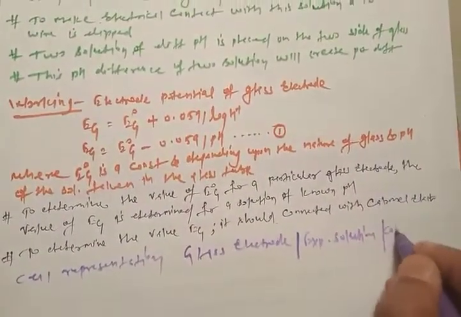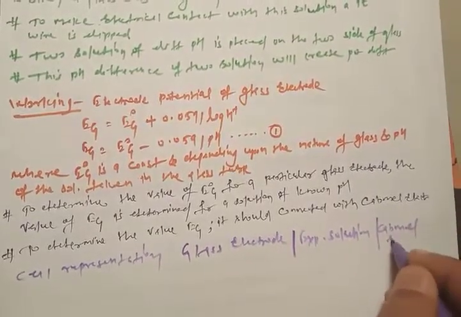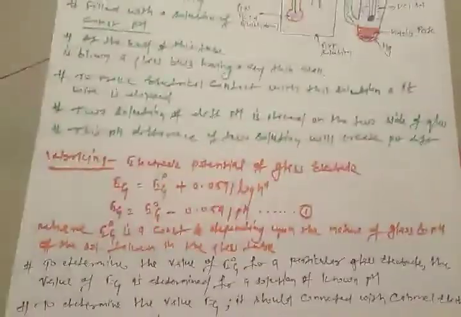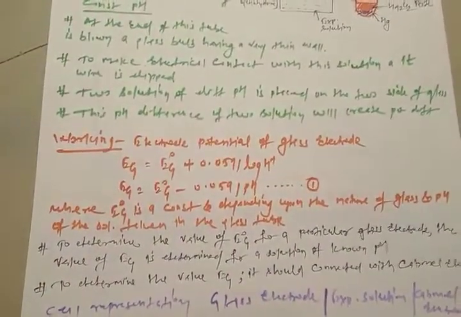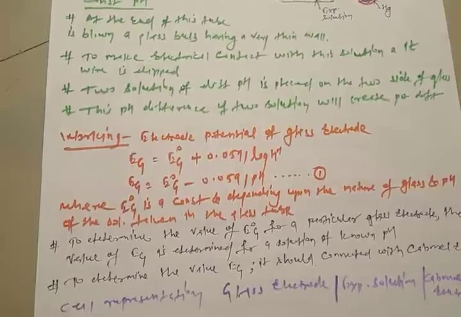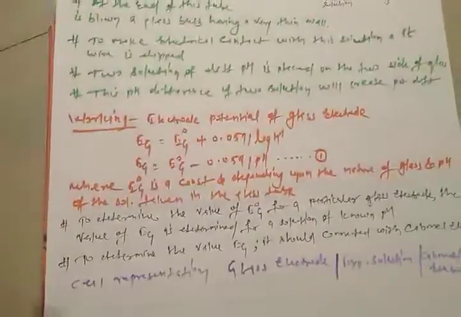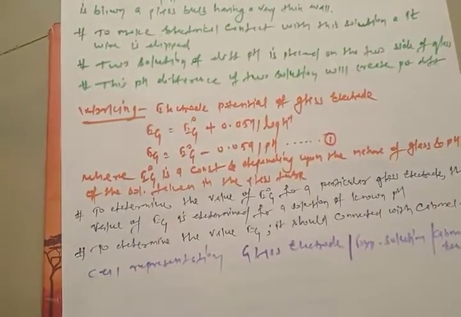So this is a very simple representation of the cell. You can go for a detailed representation also, like glass electrode with Ag and AgCl, then green hydrogen, then calomel with Pt and all this. Okay, so this is a simple way to represent it.